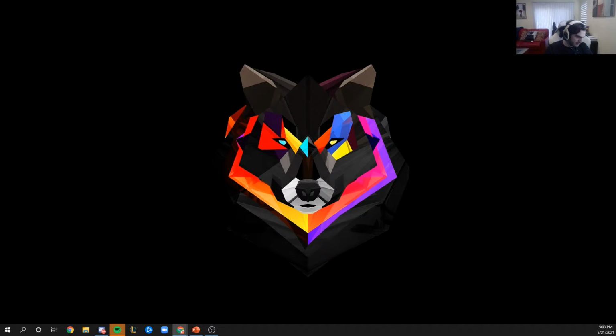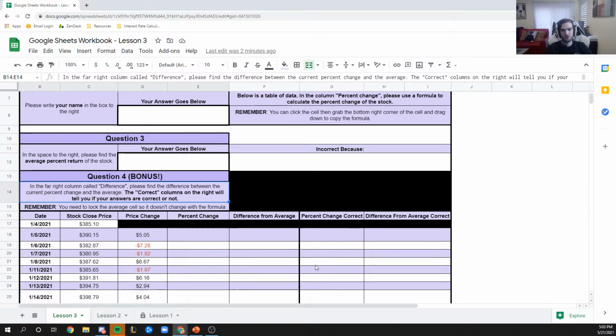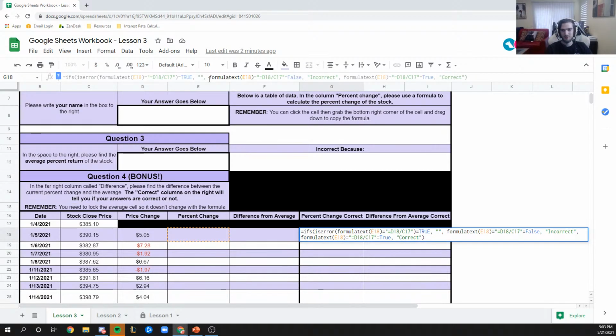How much time does it take for me to create the template? For the first two lessons, it takes a couple of hours. This one took a little bit longer because I needed to create the correct and incorrect. So this isn't some magic thing. Literally all of the correct and incorrect are just big formulas that I've written.